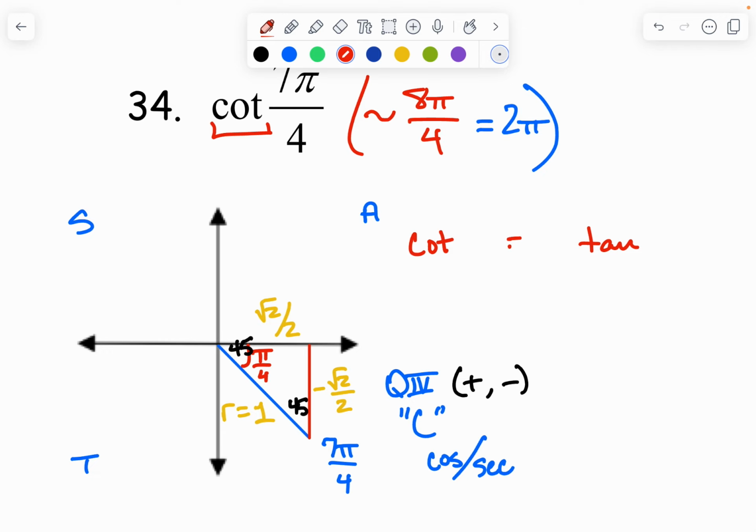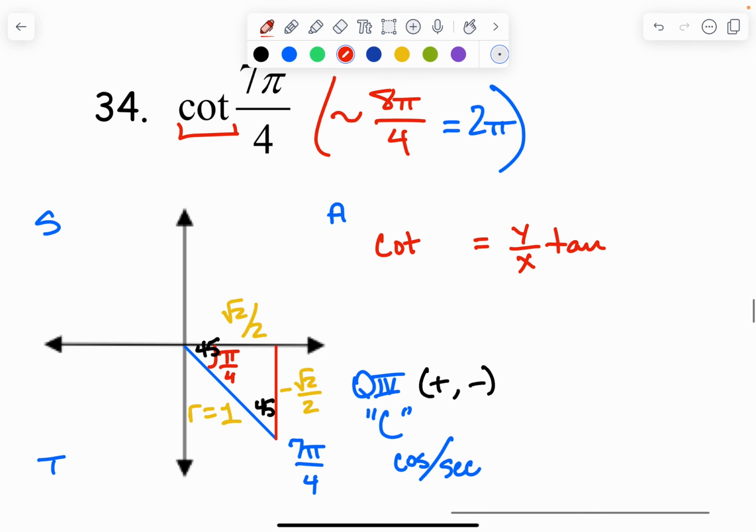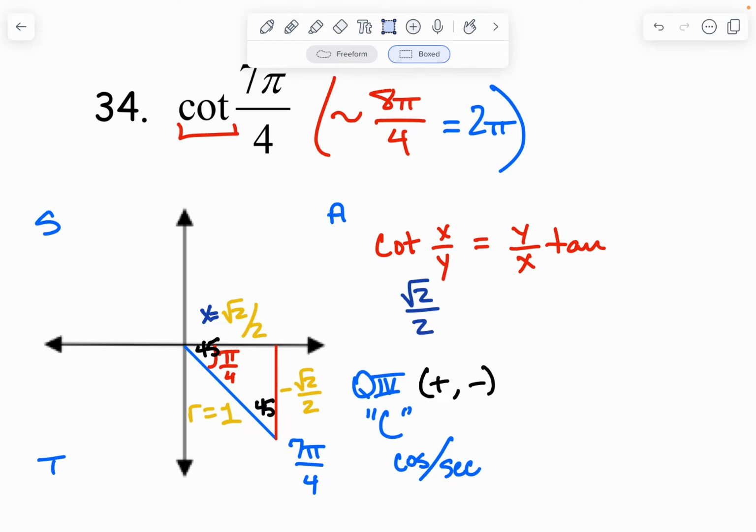If tangent is y over x, that means cotangent is x over y. So my x is always on the x-axis, square root of 2 over 2. My y is always the up and down side. So let me actually make this a little bit smaller.